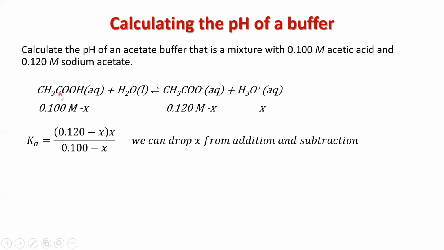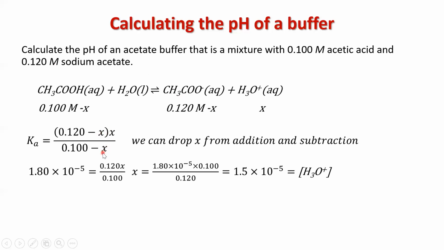This is a weak acid, and this is the conjugate base of a weak acid, so this is a weak base. That means this X and this X here are insignificant. The Ka for acetic acid, which you'd be given, is 1.80 times 10 to the minus 5. You look this up on a table.